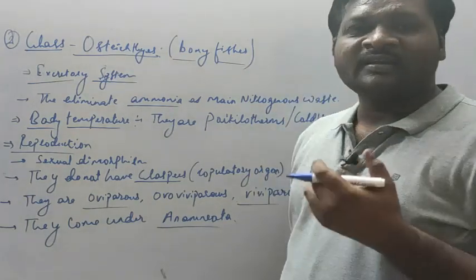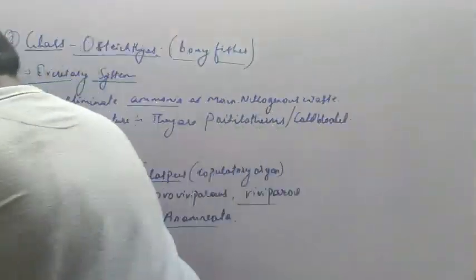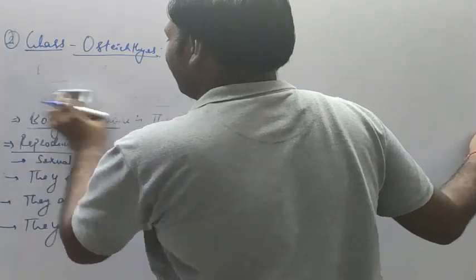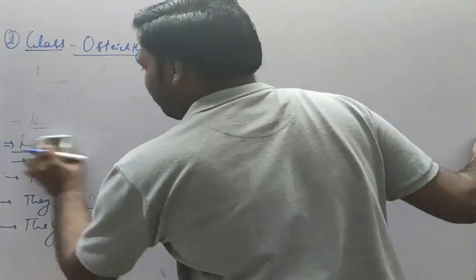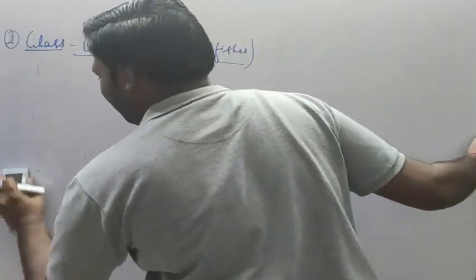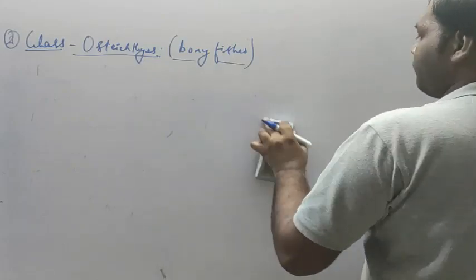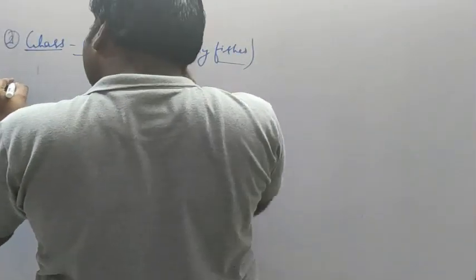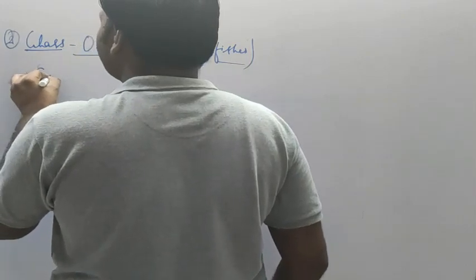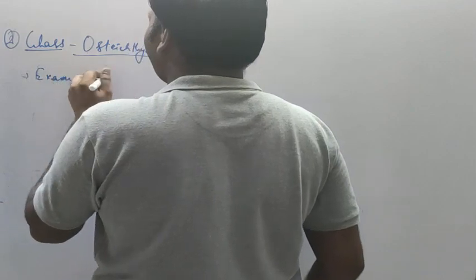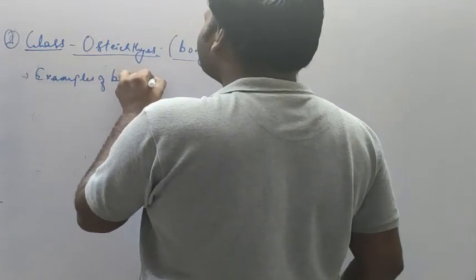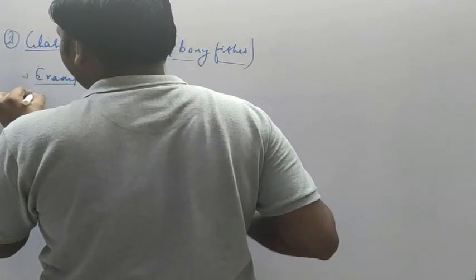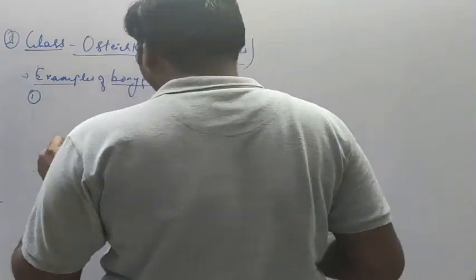Now we are going to discuss certain examples of the bony fishes. So I'll rub this and we'll start with the examples. The first example is rohu.